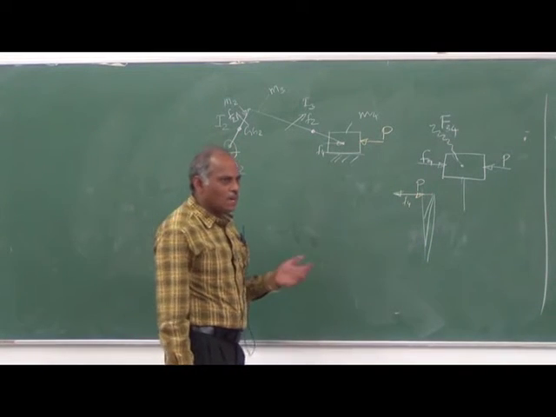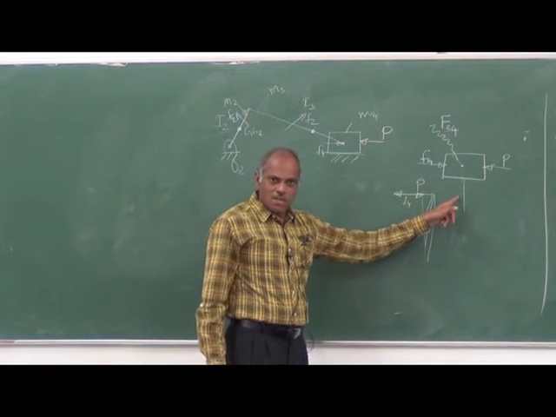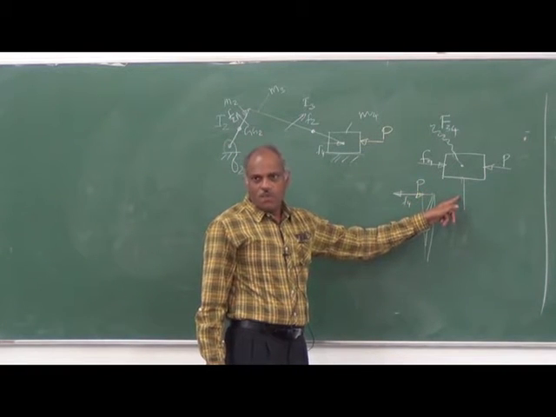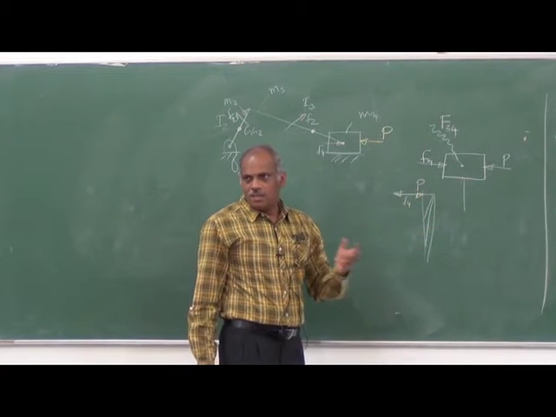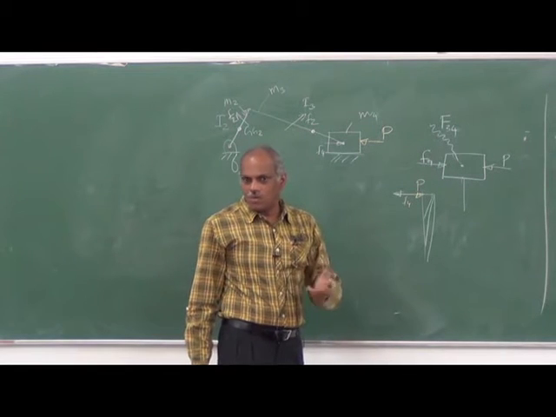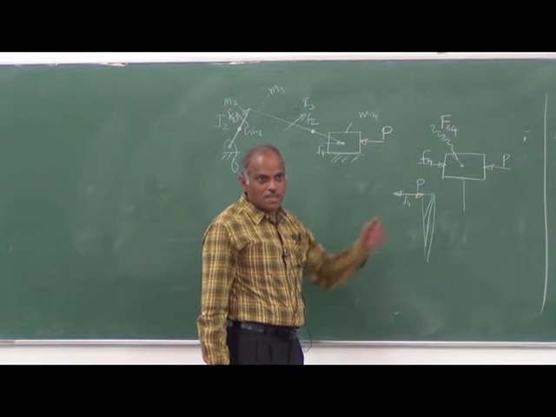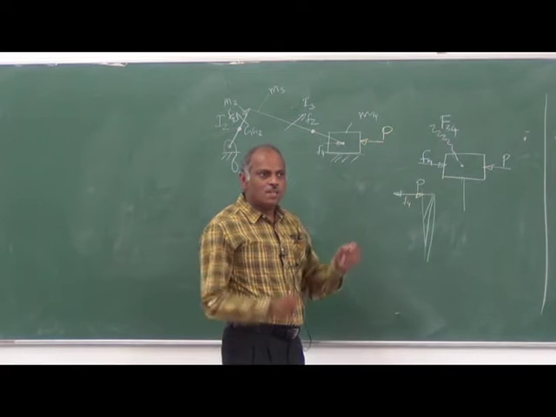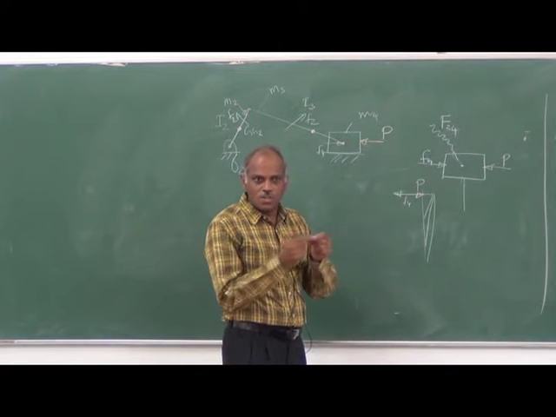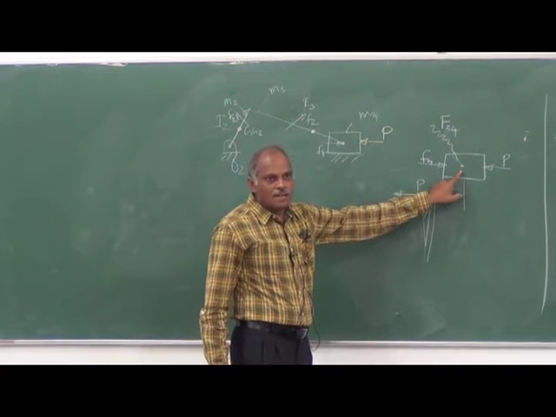So here, if you look, we have only 3 unknowns. We have been saying that if I have 3 unknowns, it is solvable. But this is the case where the 3 unknown forces are acting concurrently at a point.